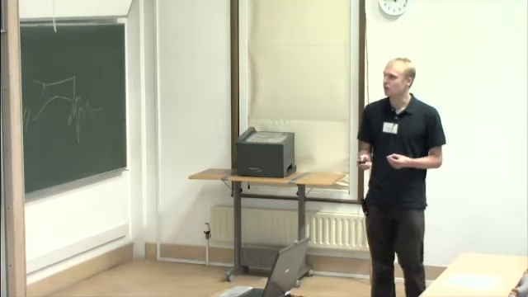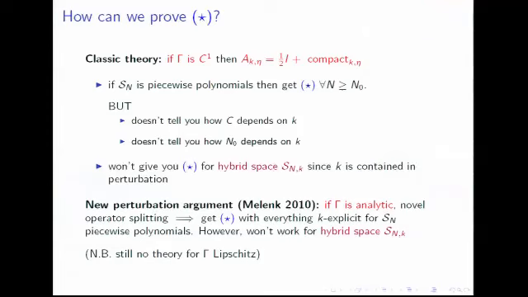Okay, so how do you go about proving quasi-optimality for boundary integral equations normally? Well, there's a classic theory that says if the boundary is C1, then A is a compact perturbation of the identity operator, and this property can be used to show that if you use an approximation space of piecewise polynomials, then you get quasi-optimality once the dimension is greater than a certain threshold I'm calling n naught.